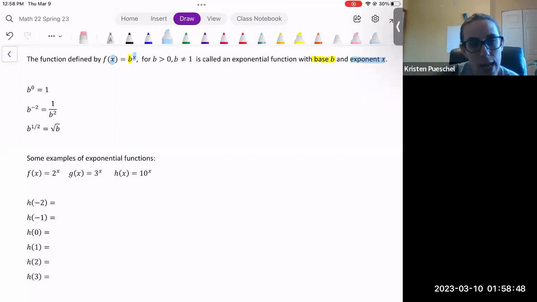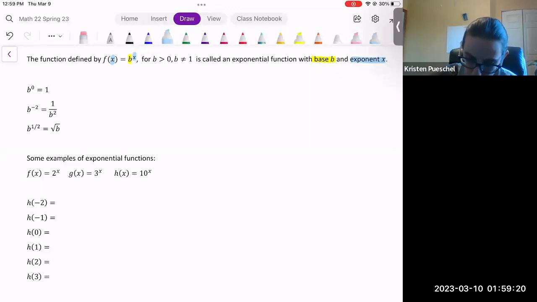If you have negative exponents, remember that this means the same thing as 1 over your base to a positive exponent. If you see fractions like b to the 1/2, this means the 1/2 root, or the second root. So the important thing here is that our inputs go upstairs in the exponent.